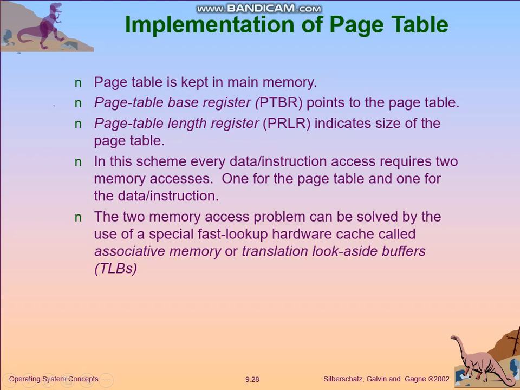In this scheme, if you want to access any data or instruction, it requires two memory accesses, one for the page table and the other one for the data or instruction, as I have told you in the previous diagram. If you are accessing twice, this will decrease the data transfer rate. To avoid this, you have an architecture called associative memory or translation look-aside buffer. The working of this buffer is similar to that of a cache memory.